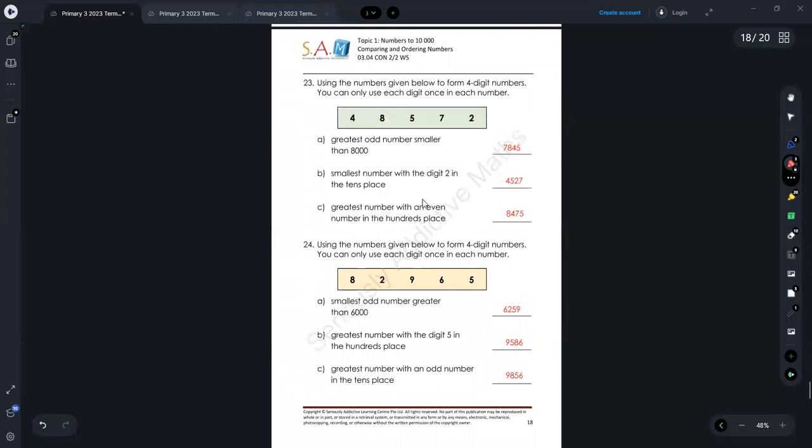And then after that, do question 23 with them. This is to help them remember the odd number and even number. So you might want to ask them what's odd, what is even. And then remind them that for a number with more than 1 digit to be odd, all they need is for the digit in the ones place to be odd.